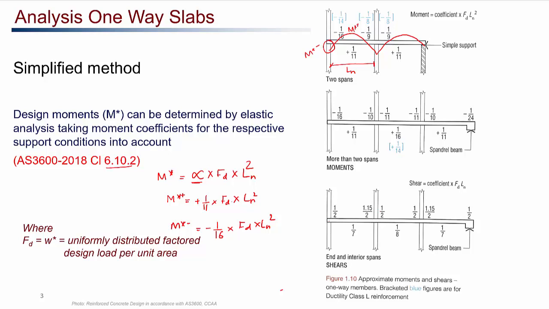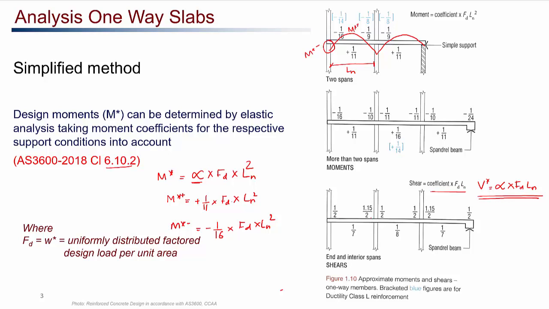These are the shear force coefficients, and we can use the shear force formula like this one. So shear force V star would be alpha multiplied by Fd ln here. So we can find the shear force at the support and at the midspan as well.